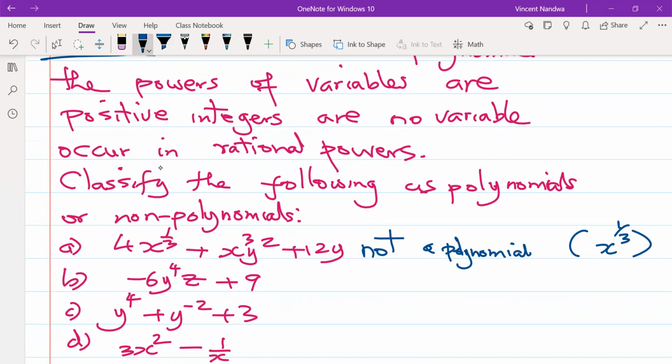And then B, yes or no? It is, yes, because all the variables present have positive integer powers. And C?